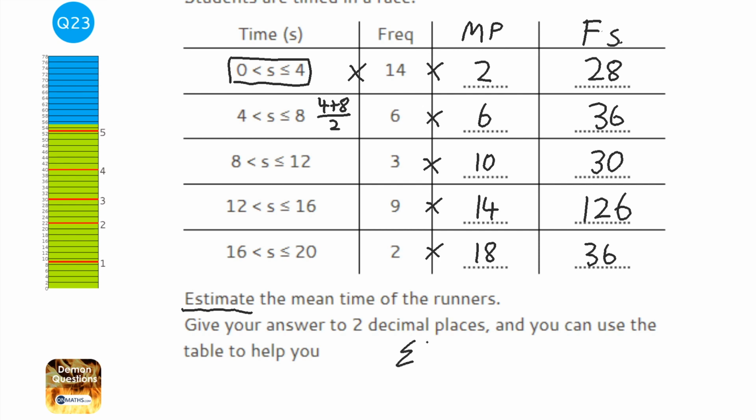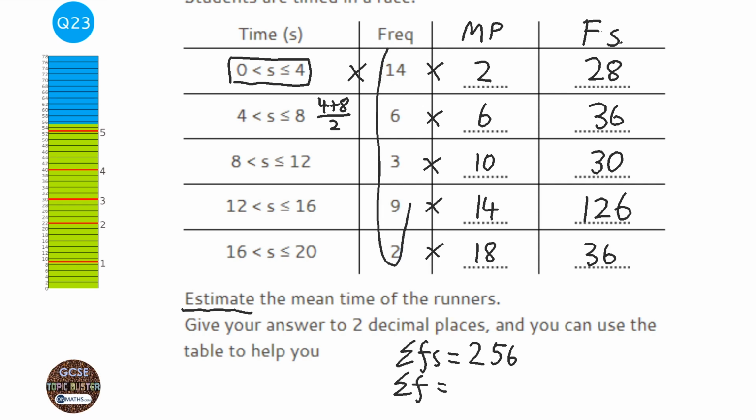And then we need to find the sum of the fs column. So we're going to add up 28, 36, 30, 126 and 36 in the calculator, which is 256. And then we're going to sum up the frequencies, which is this column here. So 14 plus 6 plus 3 plus 9 plus 2, which is 34.